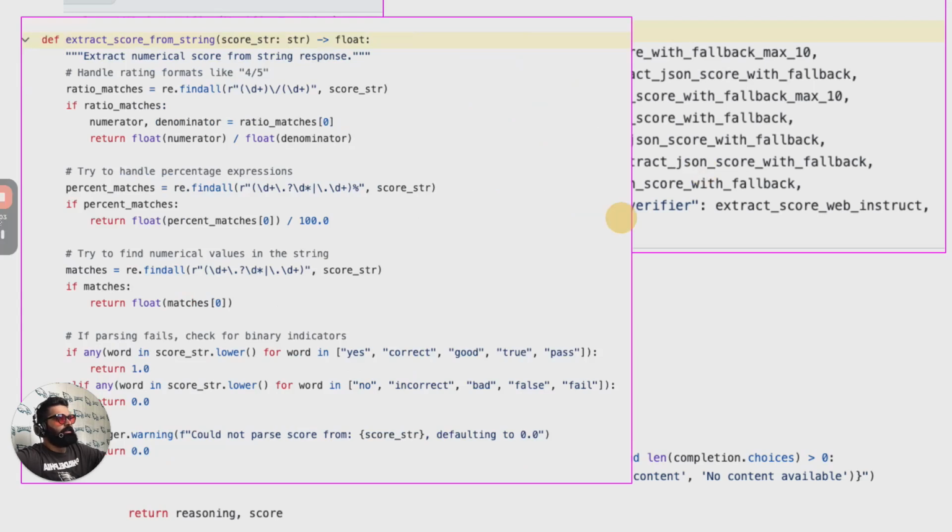And one such utility was extract score from string, where it takes the string in question from the response string, and then it does a regex search, and then it returns whatever the actual numerical value is. So just a quick peek into what these verifier functions look like.